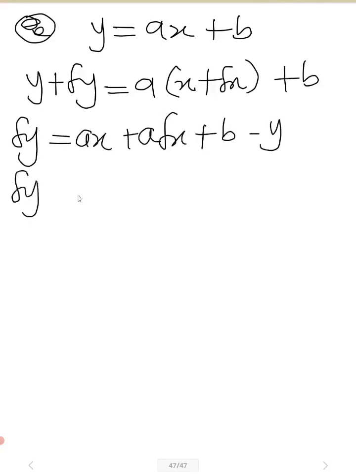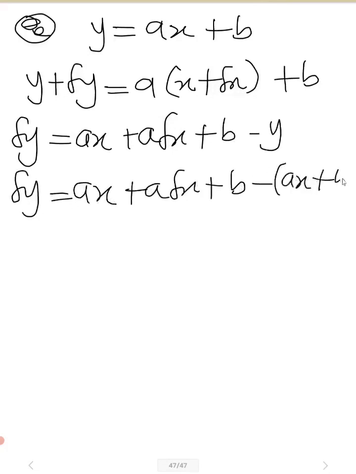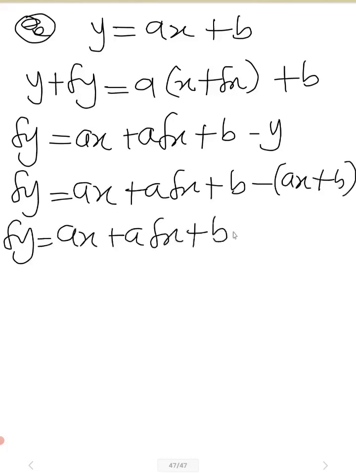So changing y is equal to ax plus a changing x plus b minus (ax plus b). So changing y is equal to ax plus a changing x plus b minus ax minus b.